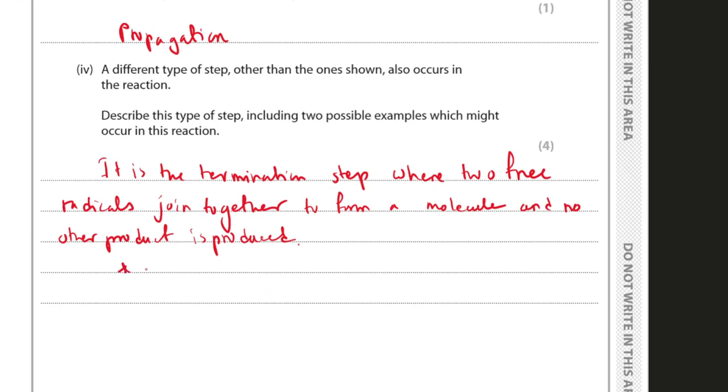So let's say CH3CH2 dot plus Cl dot, giving you the halogenoalkane down here.